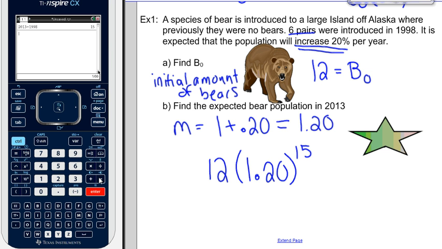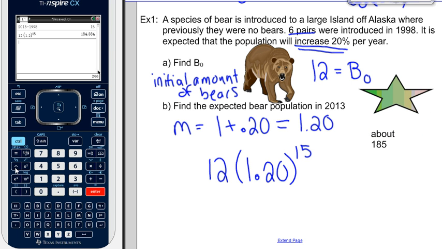We can plug this into our calculator. 12 times 1.2 to the 15, and we should get 184.884. Obviously, we can't have 8/10 of a bear, so we can round our solution. So about 185 bears. Initially, we had 12 bears on that island. After 15 years, we should expect about 185.